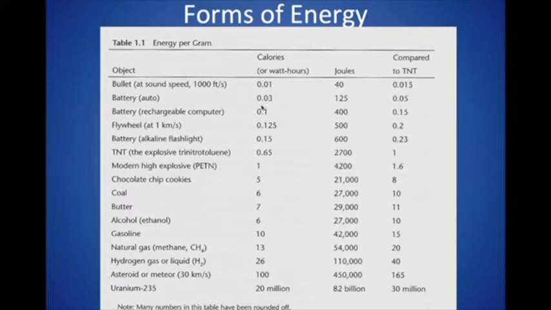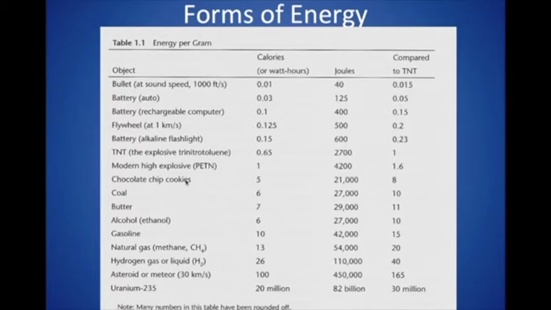Down the list here, batteries have low energy density. Even TNT, basically dynamite, actually has a fairly low energy density. But the catch there is that energy gets released very quickly. That's what makes it an explosion.